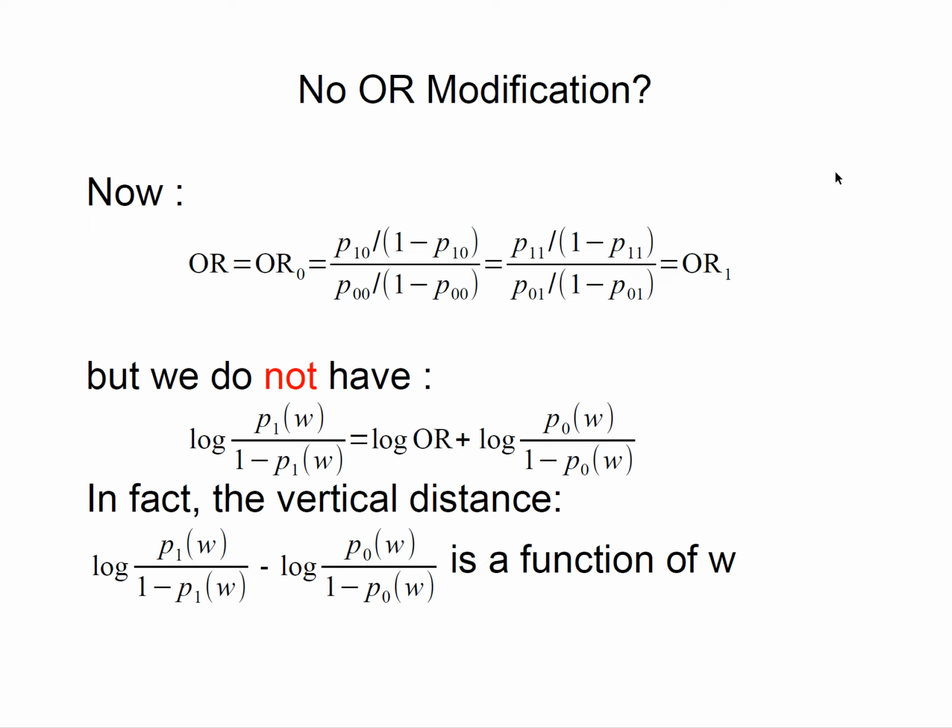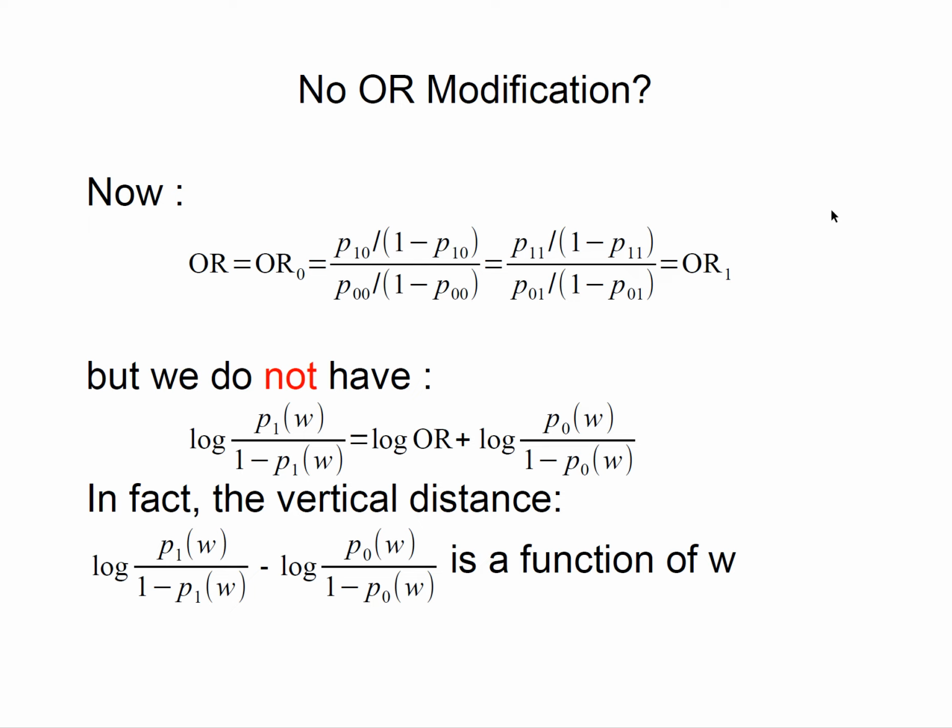If there's no risk ratio modification, then those two curves, the log of the probability for those exposed and the log of the probability for the unexposed, differ by a fixed vertical distance.